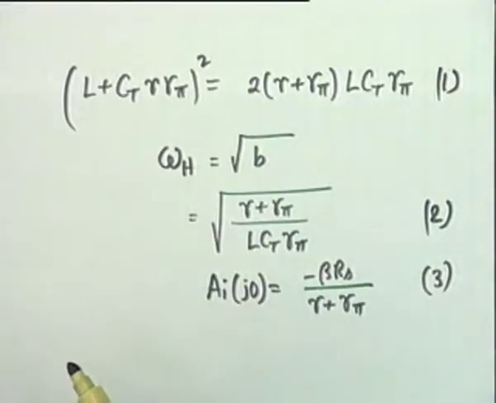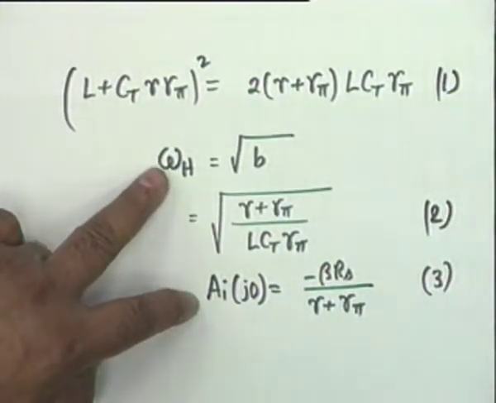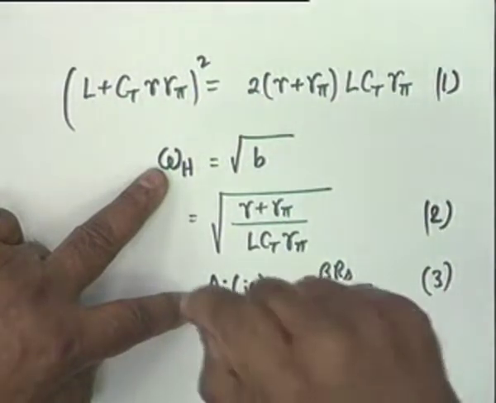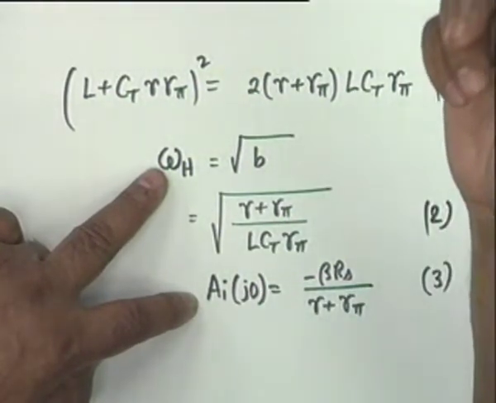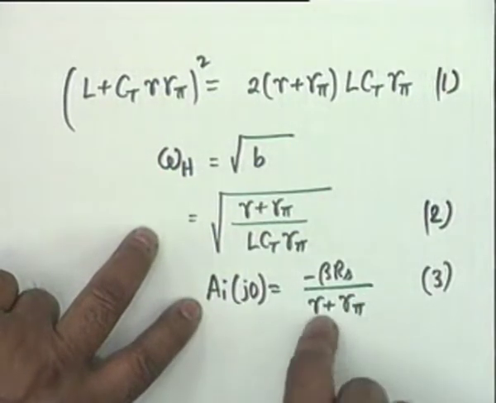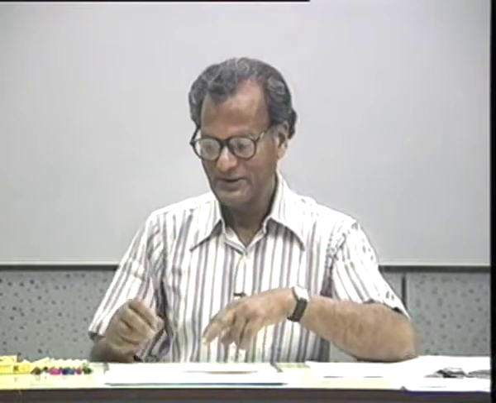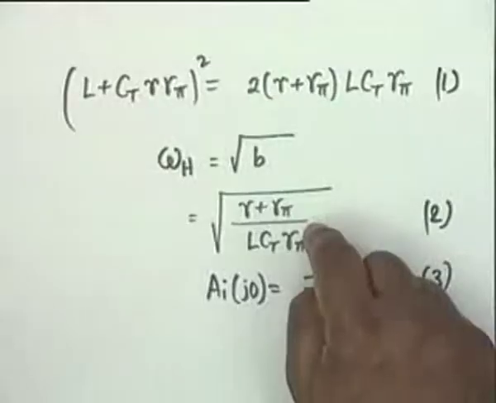Suppose these are your design equations 1, 2 and 3. Suppose omega h and Aij0 mid-band gain are specified, then you can find out a relationship between r and L. Isn't that right? If omega h is specified and Aij0 is specified, this contains small r, this also contains small r, and therefore you will get a relationship between small r and L. You have to substitute that here to obtain the required value of L. Here omega h has been specified.